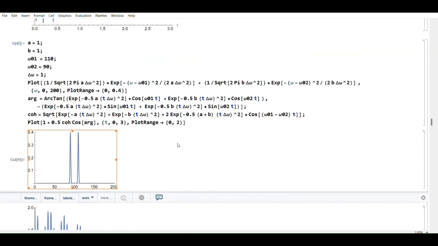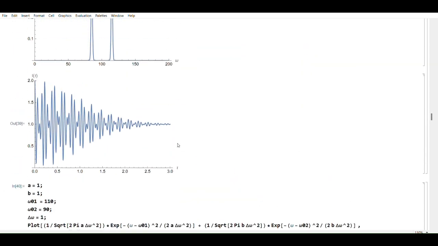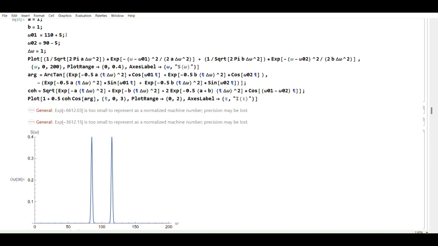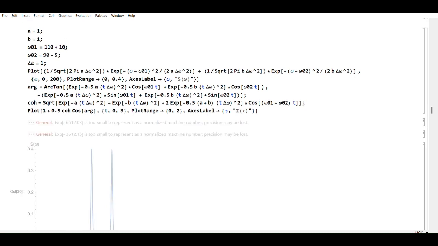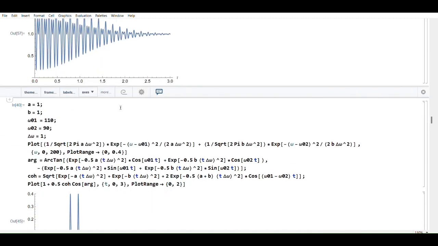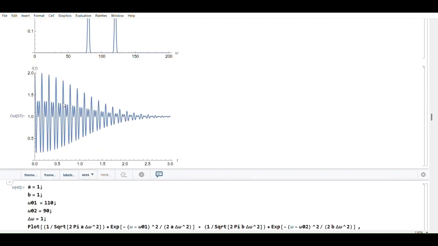So that will be the comparison aspect. Let's make these plots a little bit smaller, at least S omega. So see, the exponential part, that width is same. The second width changes if you change the separation.